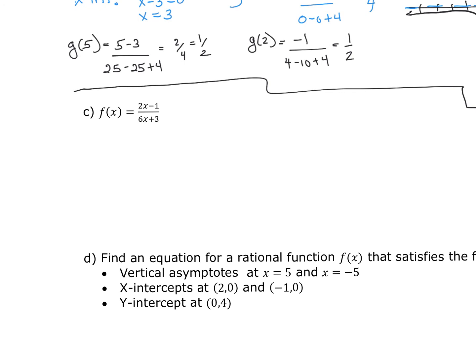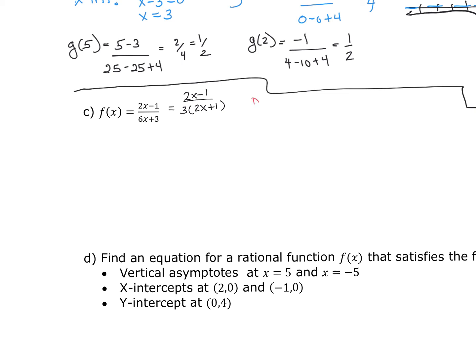Let's say we have f of x equals (2x minus 1) over (6x plus 3). So again, I'm going to factor the denominator here. I'll factor out a 3 and get 2x plus 1. So I notice there's no common factors.